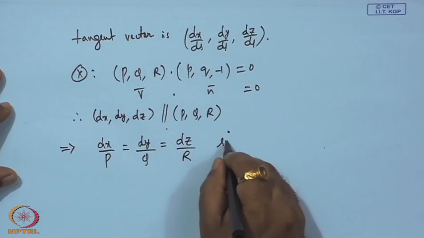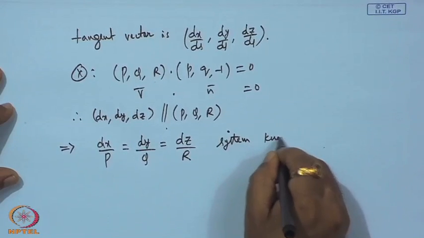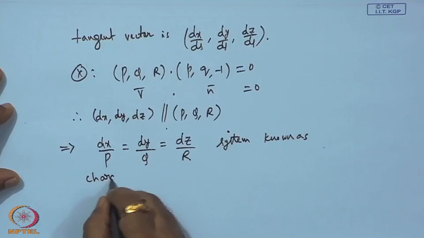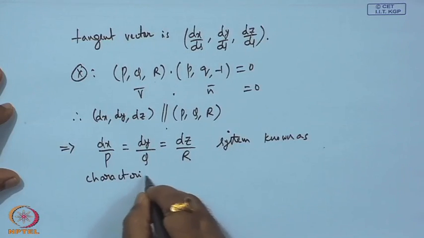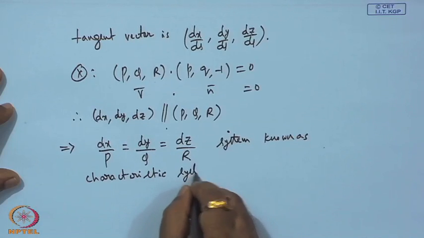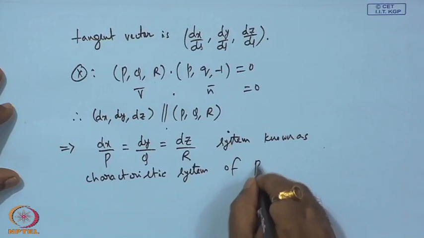So, this represents a system known as the characteristic system of our PDE.